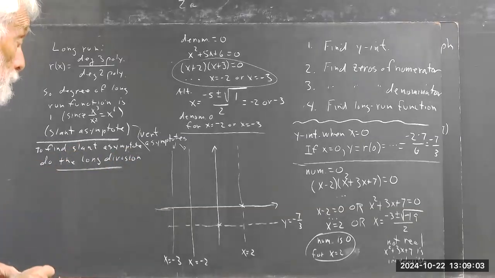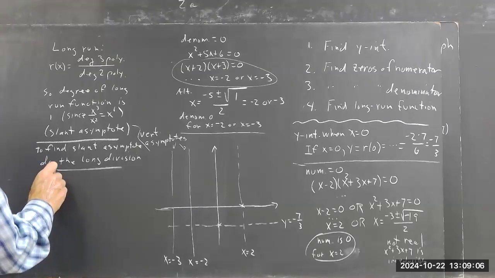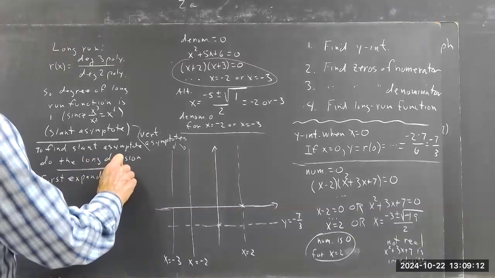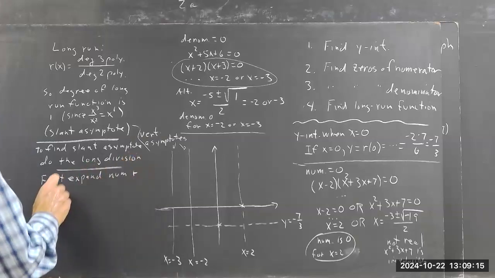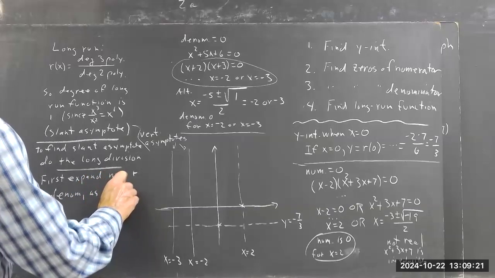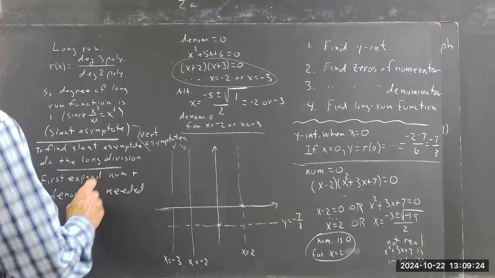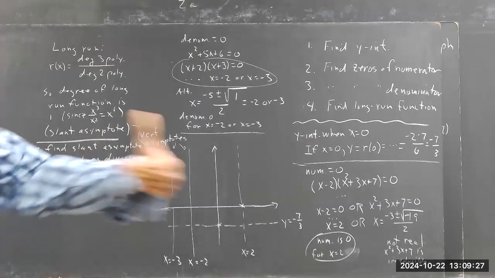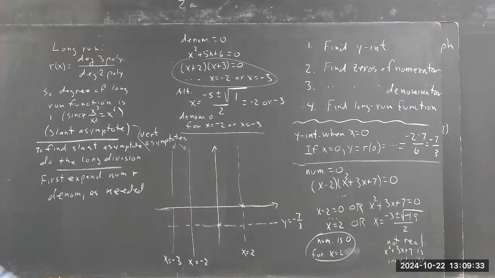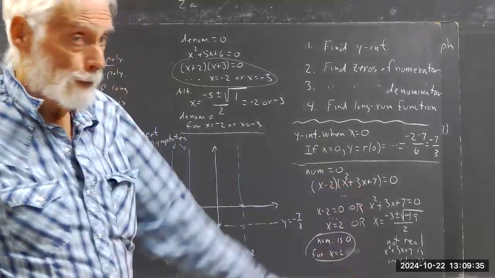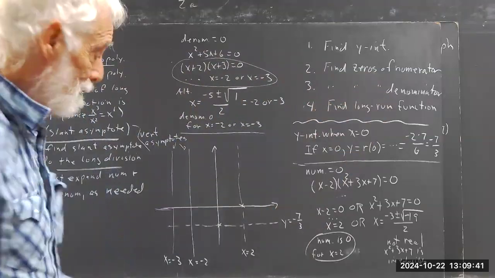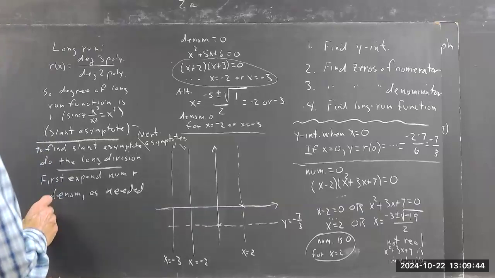Now, first, you better expand the numerator as needed, because you have to have a polynomial in its general form before you can do the long division. And notice our numerator is x minus 2 times x squared plus 3x plus 7. That's not something you want as your dividend, okay?